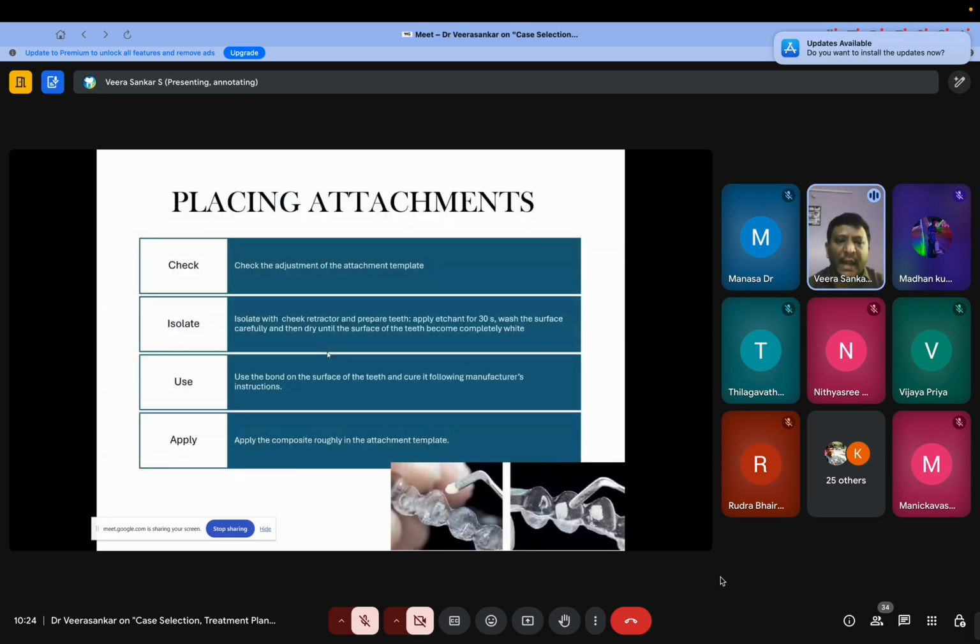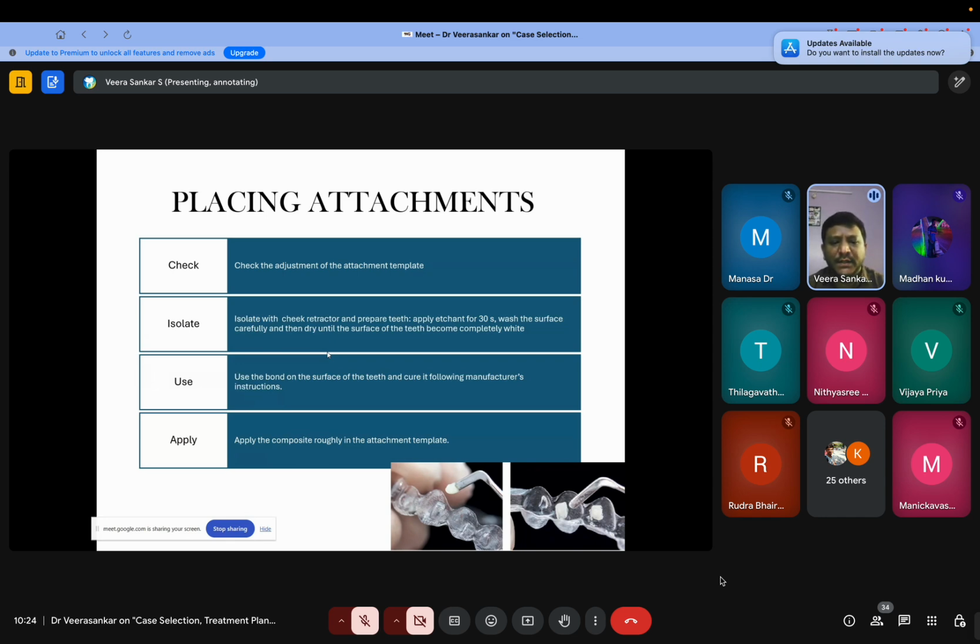Moving on to attachment placement. During attachment placement, the first step is to check the fit of the attachment template on the aligners. Then isolate, retract the cheek, and prepare the teeth. Apply etchant for 30 seconds.